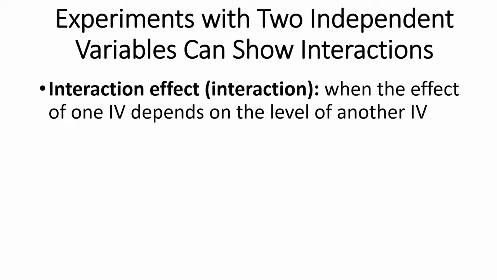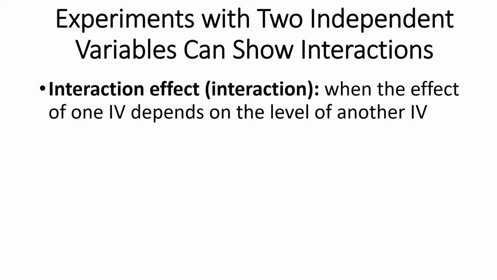But now we're going to cross over into the realm of multiple independent variables. And we're going to start by talking about how experiments with more than one independent variable can actually show interactions. So we can call these an interaction effect or just an interaction. And this occurs when the effect of one independent variable depends on the level of another independent variable.